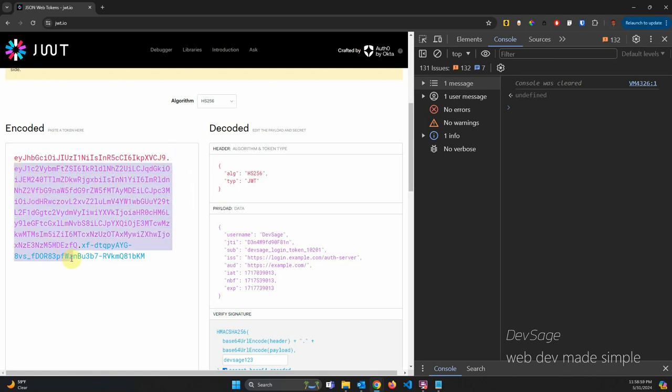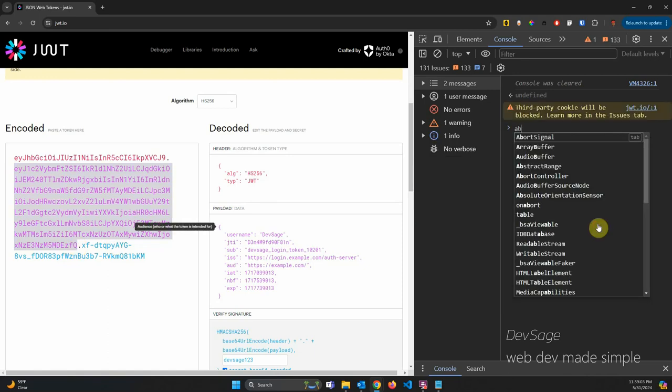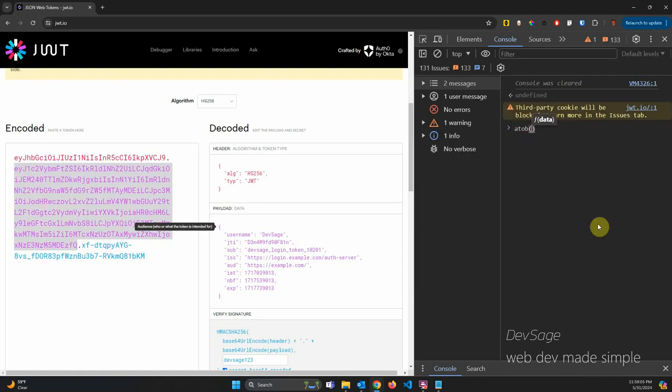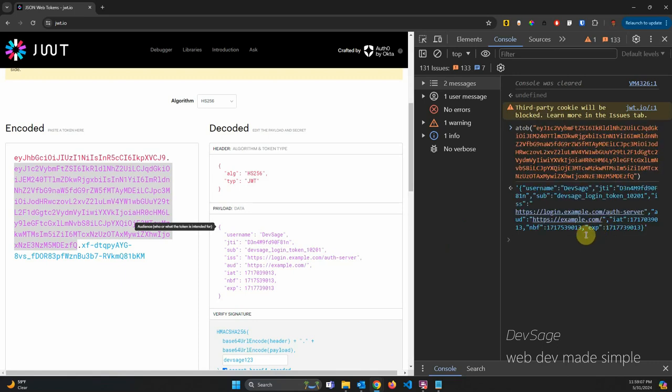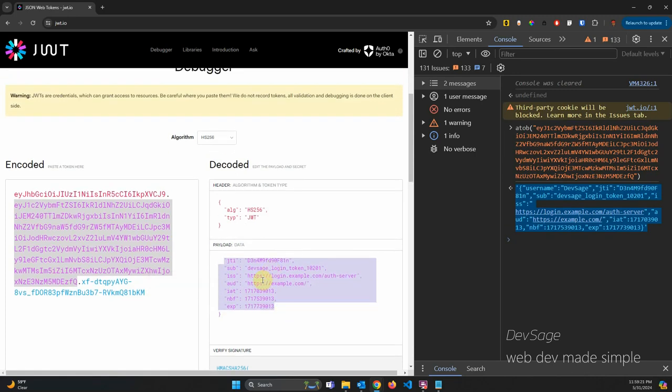And so if we were to take the base64 encoded version of the payload and decode it, you would notice a similar thing where we could basically read the information from the payload. Some of these are known as registered claims, which means these property names are actually special to the JWT standard. They actually mean something specific in the context of JSON Web Tokens.